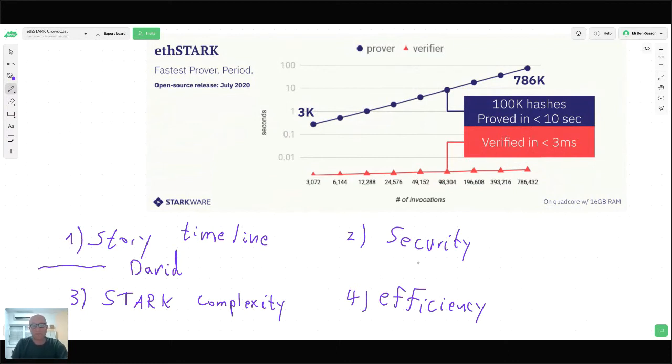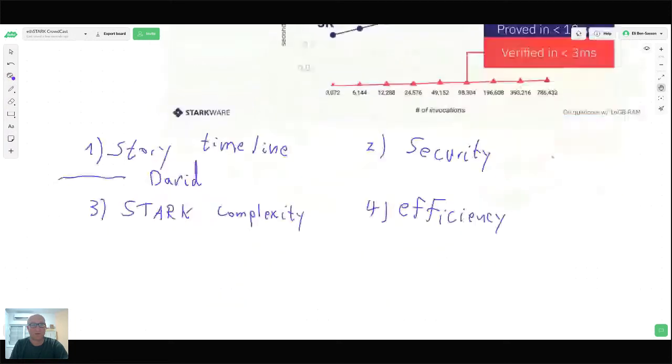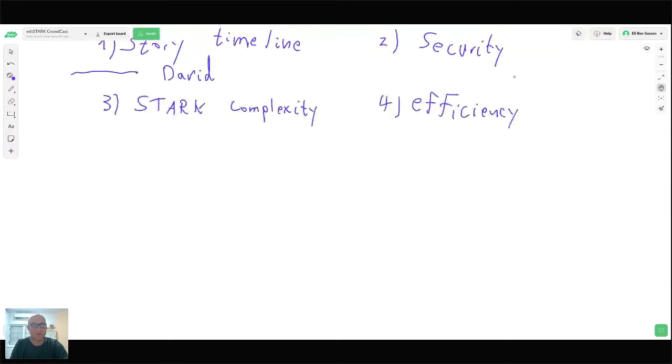And after each one of these parts, we're going to pause and ask for some questions. So feel free, meanwhile, to share questions. So let's start with the timeline. Let's use a different color. I can't draw lines very well.